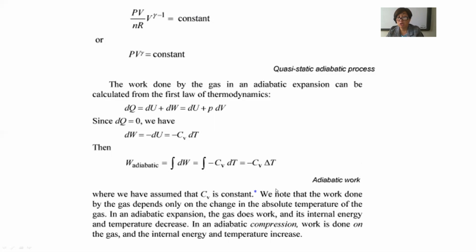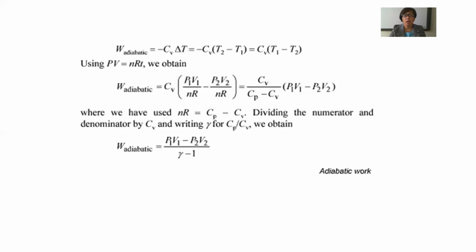In adiabatic compression, work is done on the gas, and internal energy and temperature increase. In the adiabatic work formula, delta T is the change in temperature, the second temperature minus the first temperature, so the work is Cv times T1 minus T2.